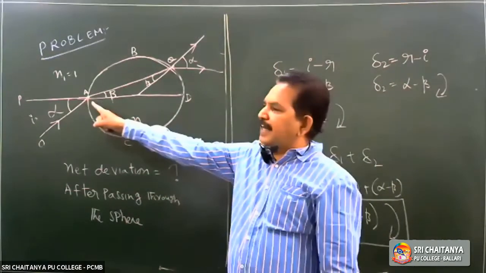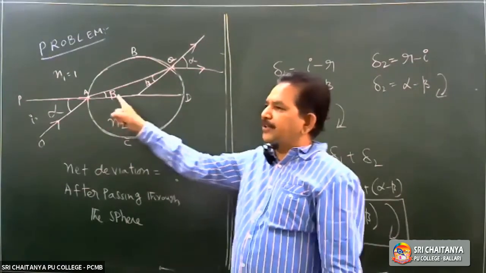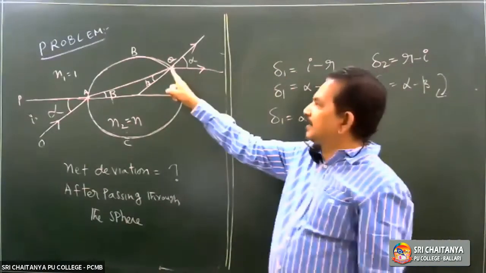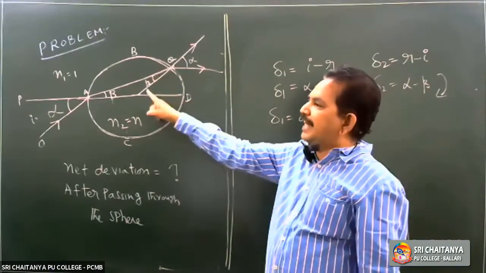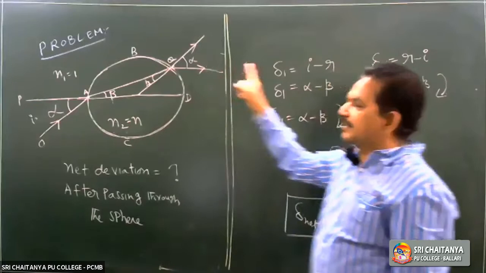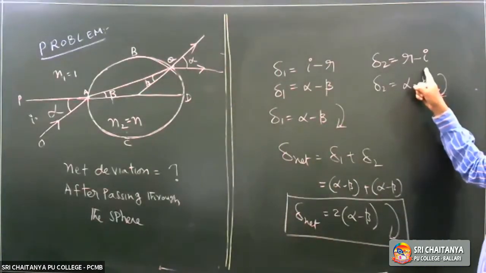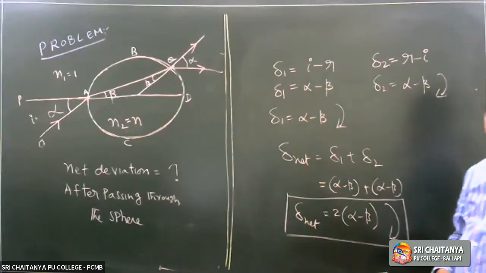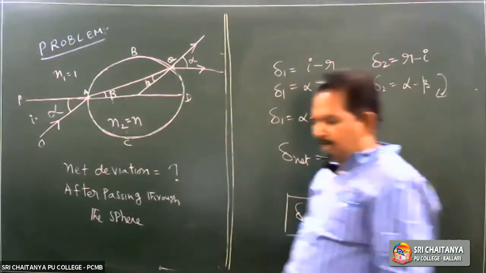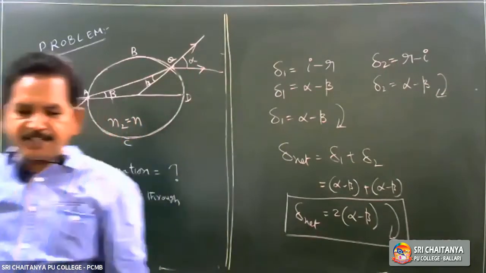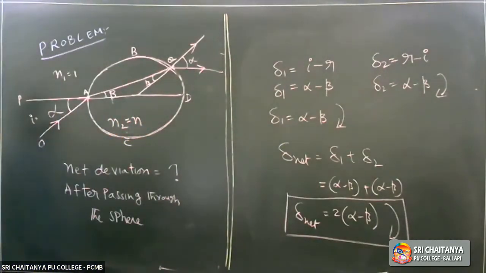Here the light ray travels from rarer to denser, that's why I minus R. Here it travels from denser to rarer, that's why delta is R minus I. But the mediums are the same, so the angles will be the same. Alpha, beta, alpha, beta. So net deviation is 2 into alpha minus beta.